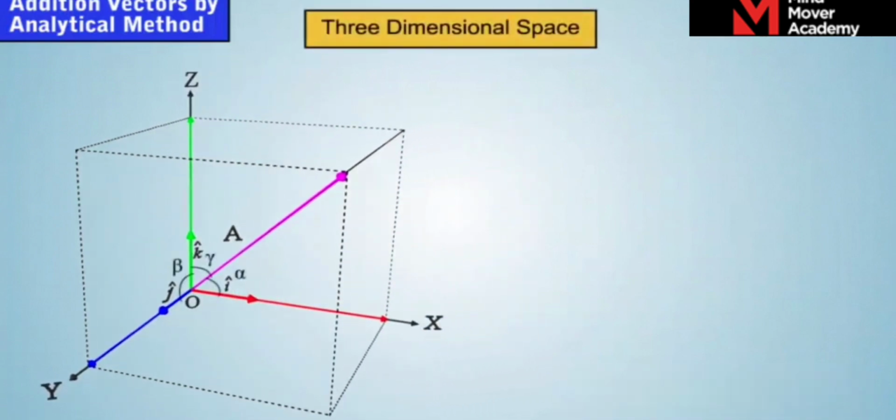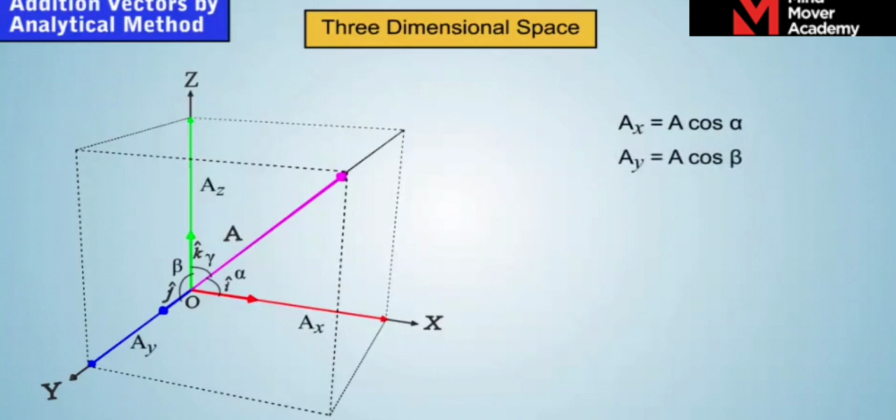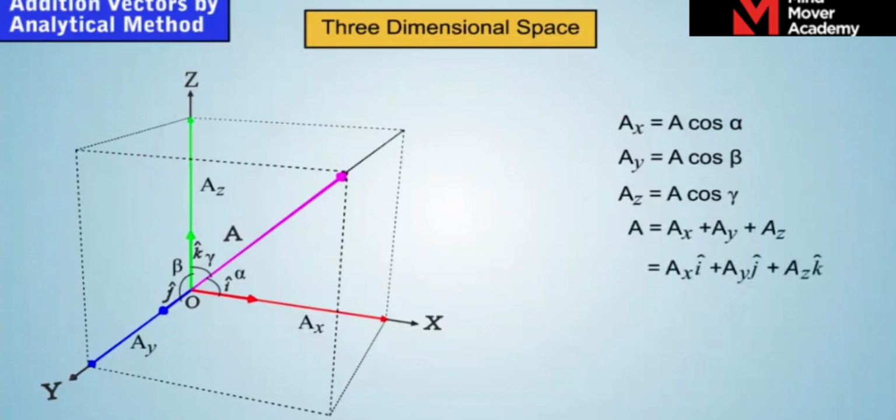In this case, its three components along x, y, and z direction can be written as Ax is equal to A cos alpha, Ay is equal to A cos beta, and Az is equal to A cos gamma. Here, A is equal to Ax plus Ay plus Az, which can be written as Ax i plus Ay j plus Az k.